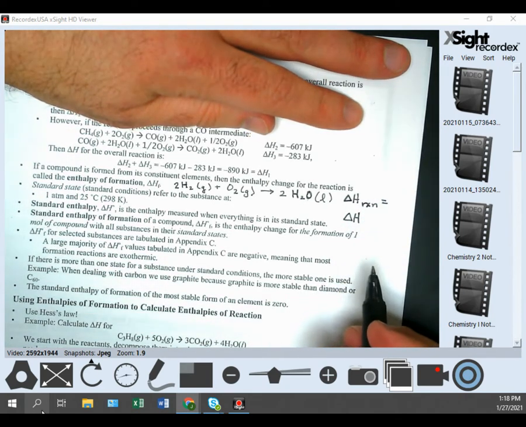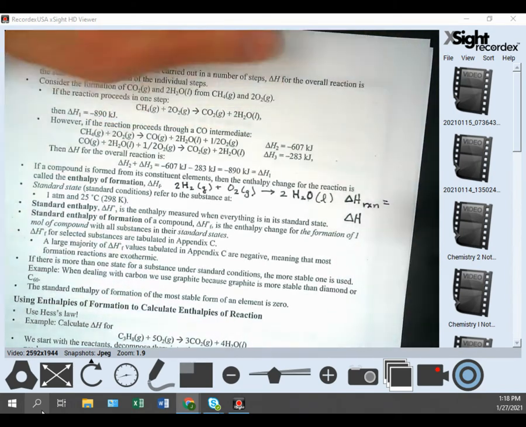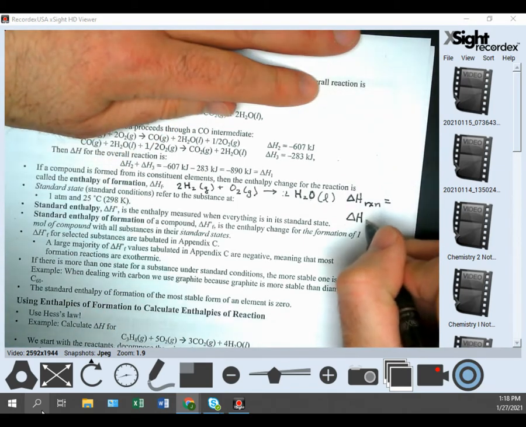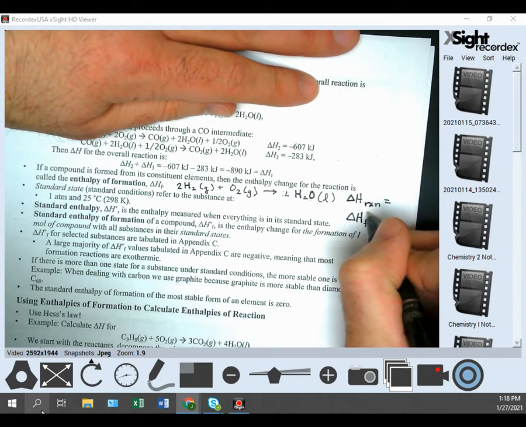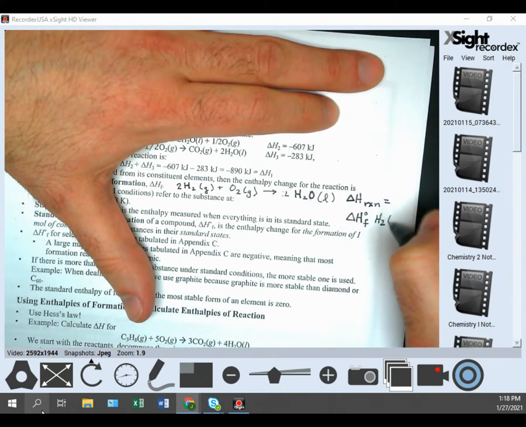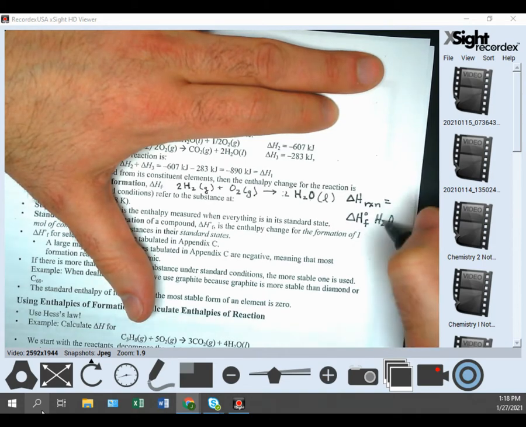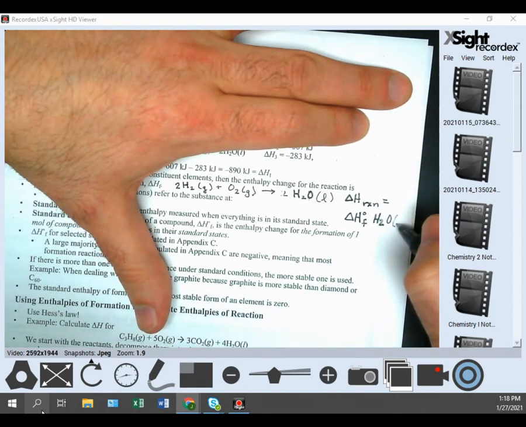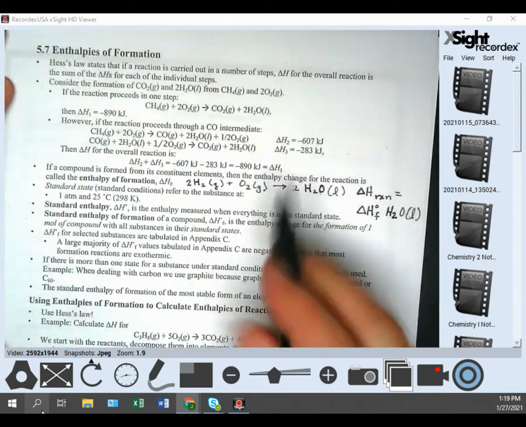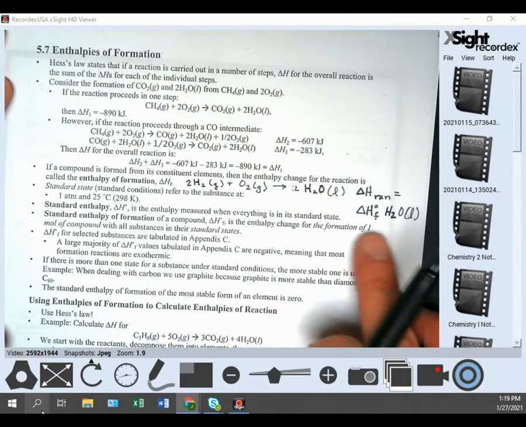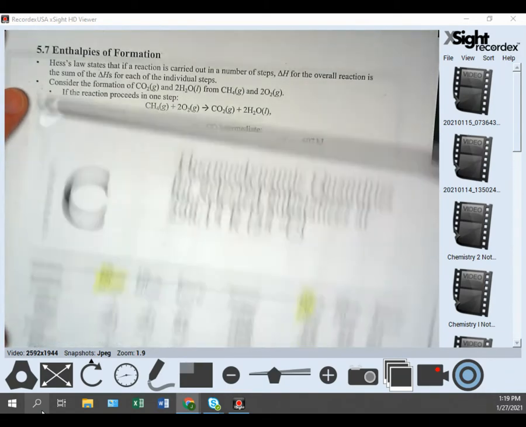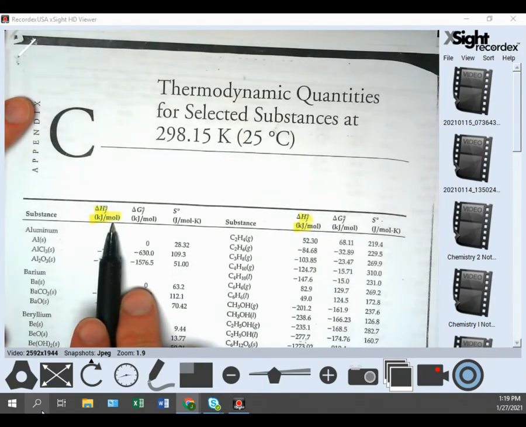Oh, hold on, I'll explain in a second. The delta H of formation for water. Now I already screwed something up. Whenever you do delta H of formations, see how it's kilojoules per mole?